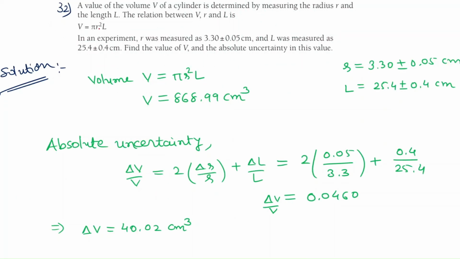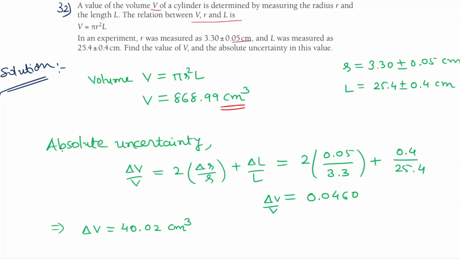Question number 32 is a similar kind of question. The volume V of a cylinder is determined by measuring the radius R and length L. The relation between V, R, and L is also given. In the experiment, R was measured. They give a value of L and we find the value of V. From the formula, put this value here, and you get the answer in cubic centimeters. Now they also ask about absolute uncertainty.